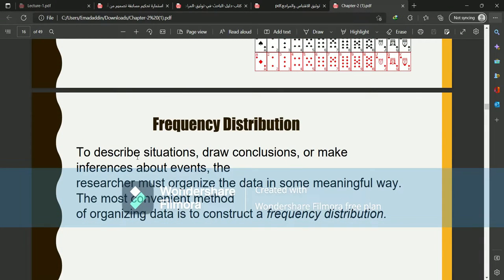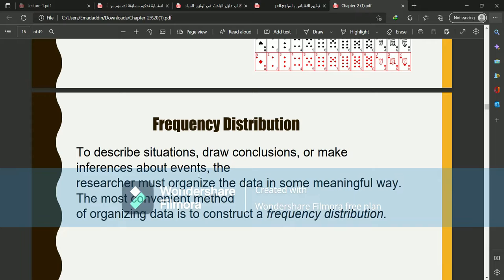Frequency distribution. To describe situations, draw conclusions, or make inferences about events, the researcher must organize the data in some meaningful way. The most convenient method of organizing data is to construct a frequency distribution.